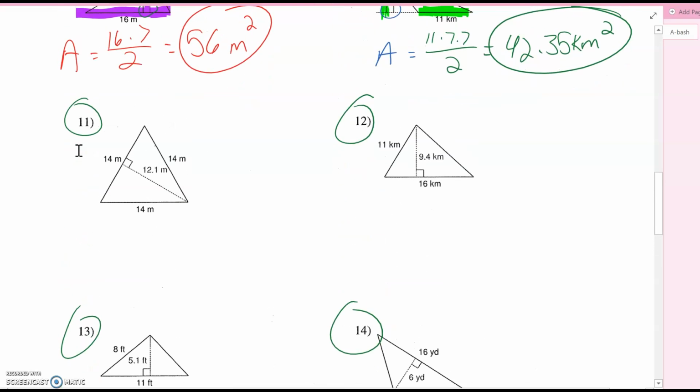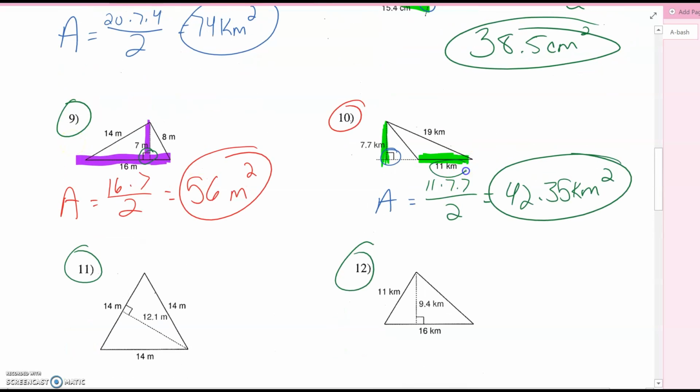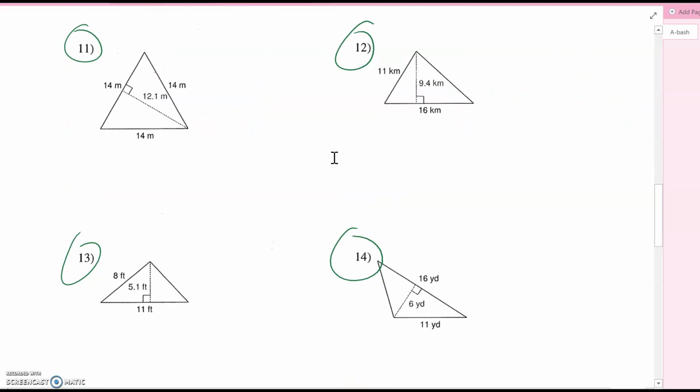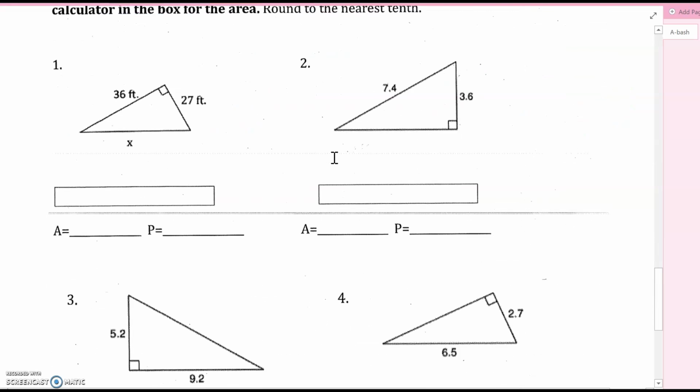Also, make sure you write down the two numbers you multiply, or circle them. Worst case scenario, circle them. Like this one here, I would circle 11 and 7.7 because those are the numbers I'm multiplying. All right. Now, we're going to do 2 more problems.